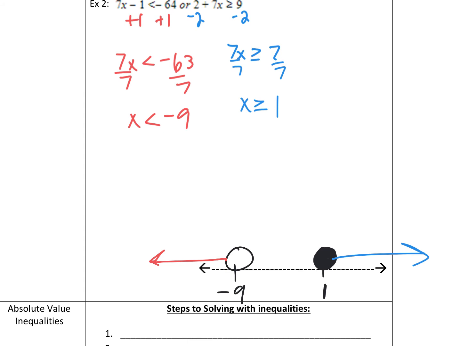One thing too, you have to make sure you have it set up right. So anytime that you're graphing an inequality that you have solved already, and the x is on the left side, do you see how this less than, how it's pointing to the left, this arrow? Then this went left.